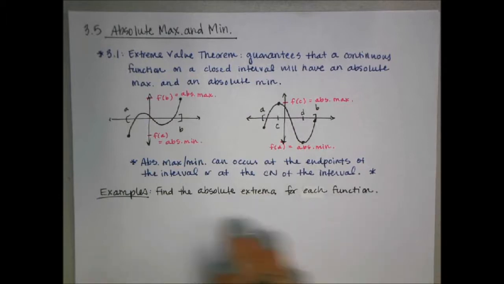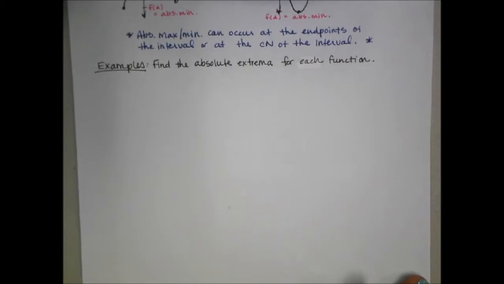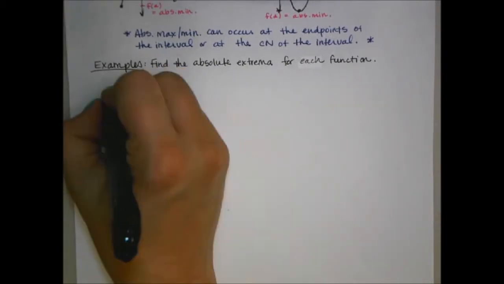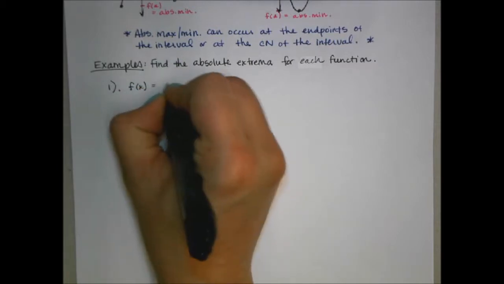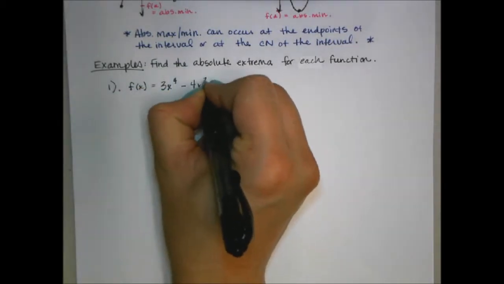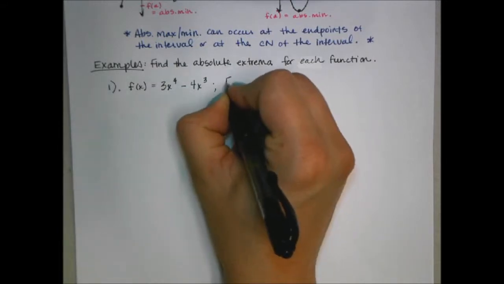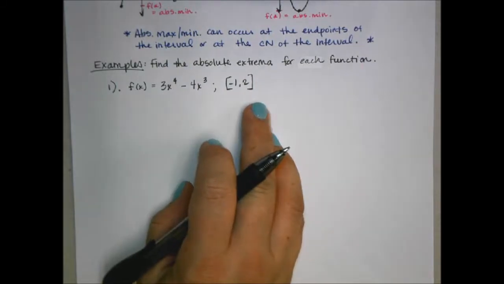All right, find the absolute extrema for each function. We'll do a couple examples of this. So here is example 1. F of x is 3x to the 4th minus 4x cubed. We're on the interval -1, 2. We do have to make sure that we stay within that interval.